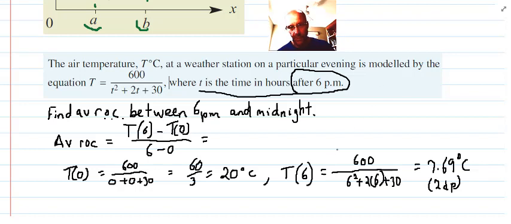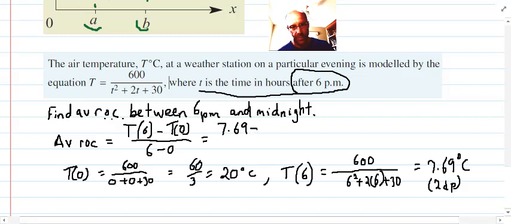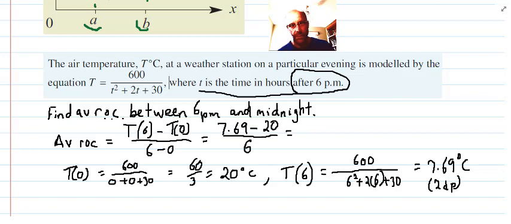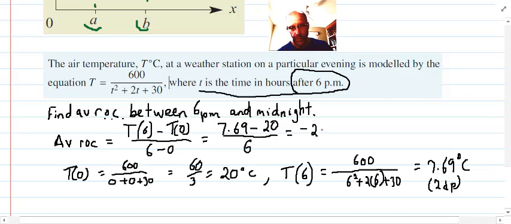And I've just done the same for T of 6, so we sub 6 in, and we get about 7.69 degrees Celsius rounded to 2 decimal places. Subbing that into the formula, 7.69 minus 20 over 6. It's clearly going to be a negative rate of change. So the temperature on average has dropped. We get negative 2.05 if we calculate that.